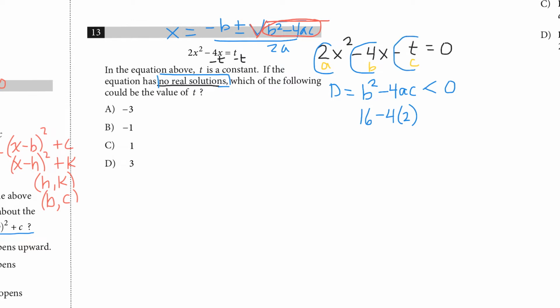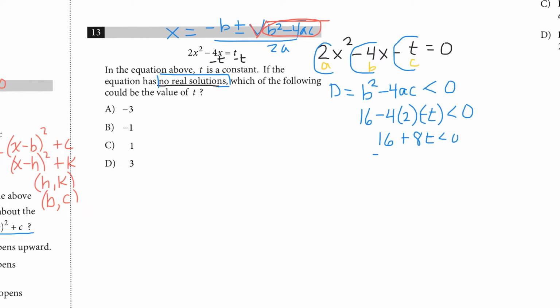So we have 16 minus 4 times 2 times negative t. Minus times negative is positive, so I actually have 16 plus 8t has to be less than 0.